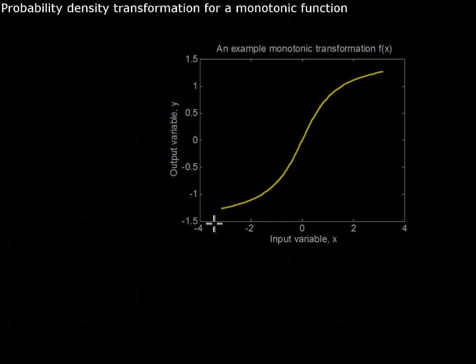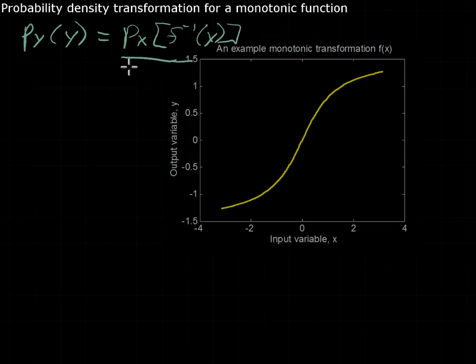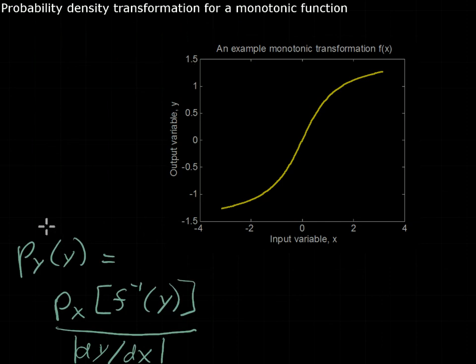The goal here is just to qualitatively give an idea of what's going on with the expression p sub y of y is p sub x of the inverse of y, divided by dy/dx. I just moved that expression down here so that it's a little easier to read.